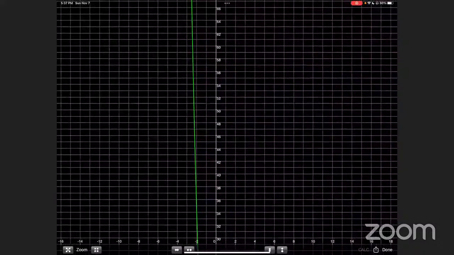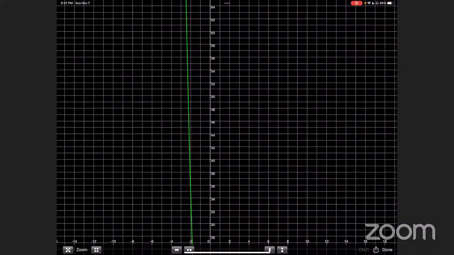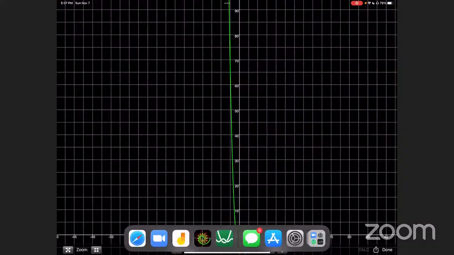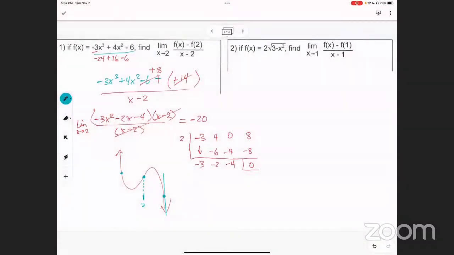That tangent line, nope, -2, -33. The tangent line right there has a slope of -20. That's essentially what you just found out by doing that problem. Okay. All right. Questions about that one, or can I move on? We can move on. All right.